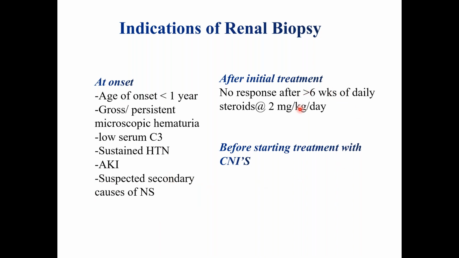Well, most patients with steroid sensitive disease do not require biopsy, but if they have a steroid resistant disease, that is at the end of 6 weeks, if you still find that they are having proteinuria despite 6 weeks of daily therapy, then these are the patients who would require biopsy.